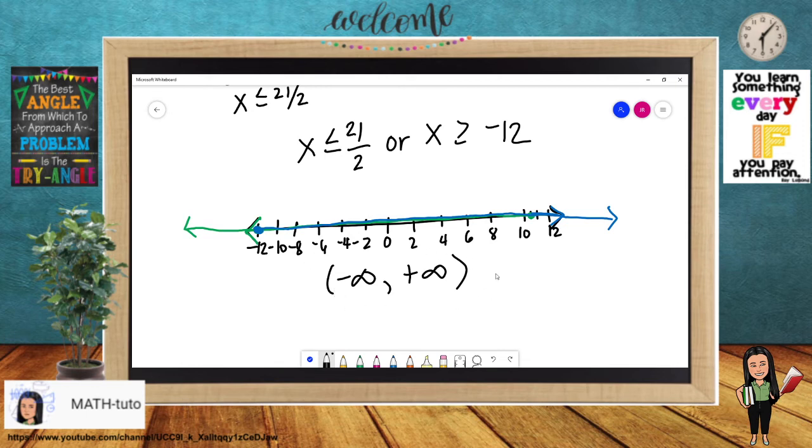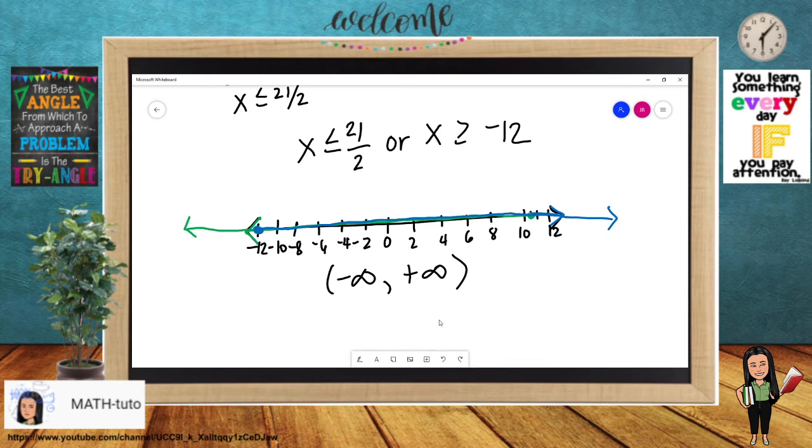We cannot write R or set of real numbers because the requirement is interval notation. So, this is the answer: negative infinity to positive infinity. Again, everything is covered, all real numbers, since they overlap.